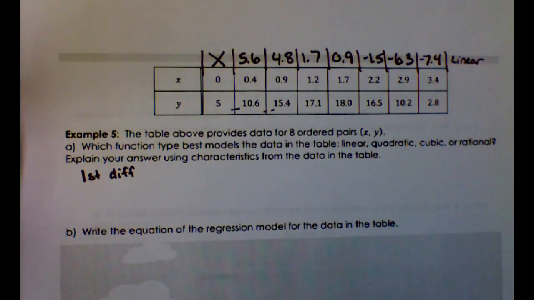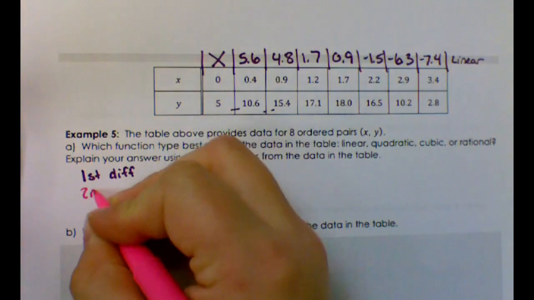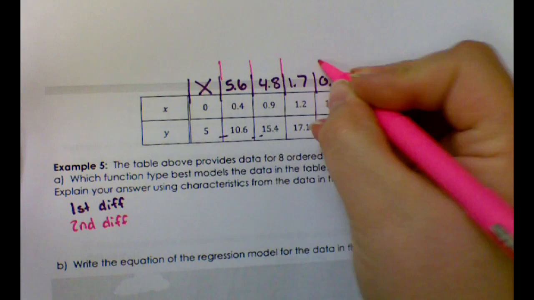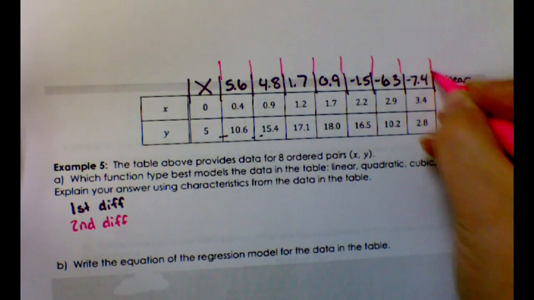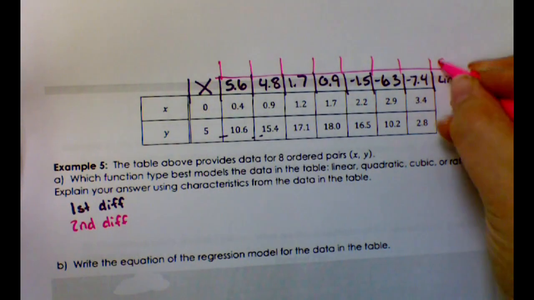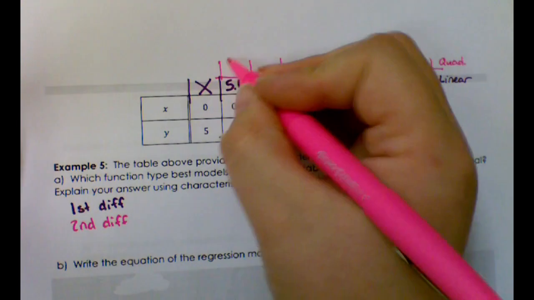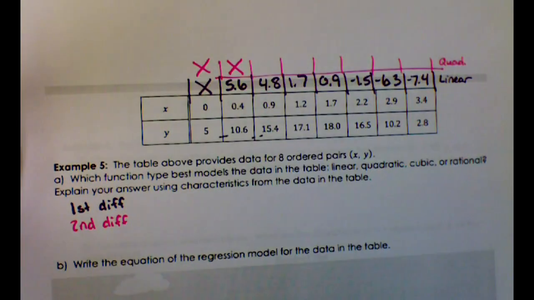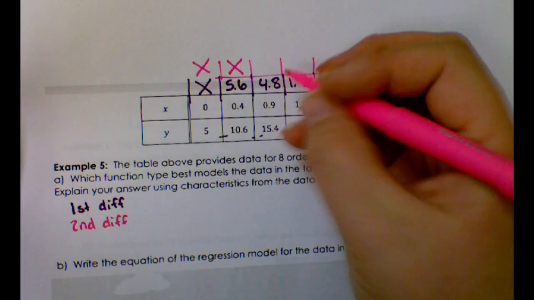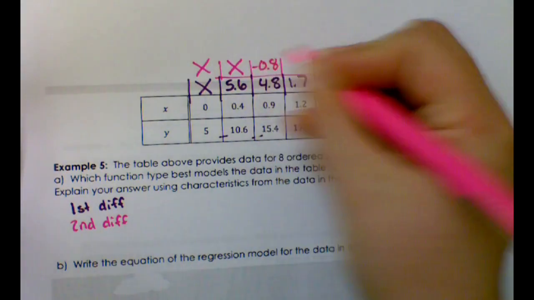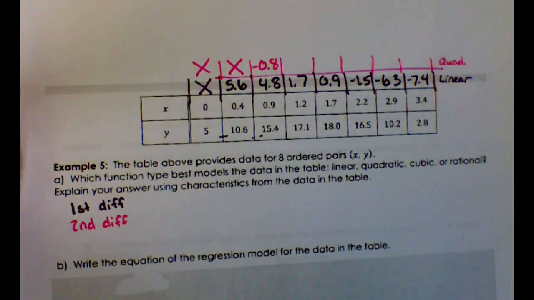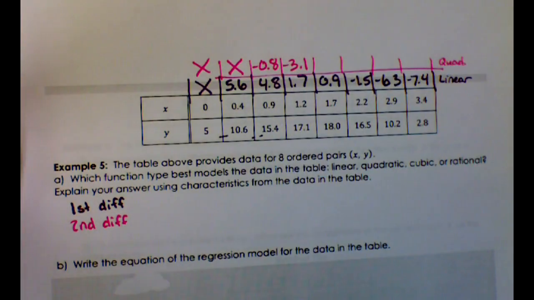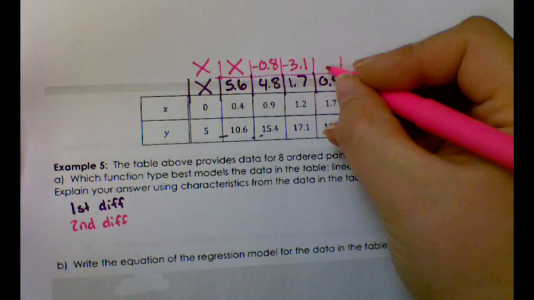So I'll check the second differences. For second differences, I subtract the first differences from each other. And that would be for a quadratic. So there won't be a second difference in the first box or the second. 4.8 minus 5.6 is negative 0.8. 1.7 minus 4.8 is negative 3.1. 0.9 minus 1.7, negative 0.8.